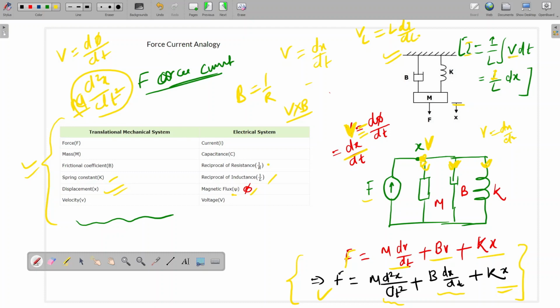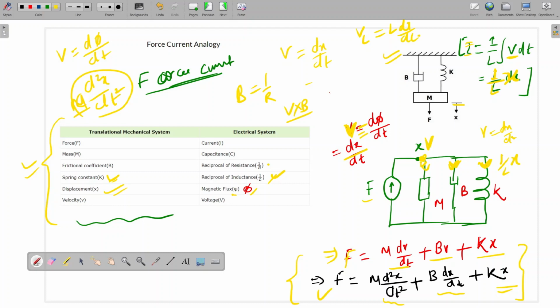If I put dx by dt here, the dt will cancel, and finally it will be 1 by L into x. So the current here will be 1 by L into x. And 1 by L is equal to the spring constant K. That's why I have converted the circuit to its electrical equivalent.